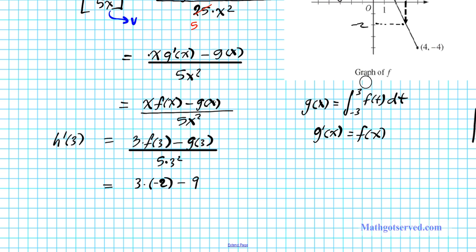So make this x. Okay, so we know that piece. And then divided by the denominator is 5 times 9, which is 45. And then if you work this out, negative 6 minus 9, negative 15 over 45. And your final answer is negative 1/3.